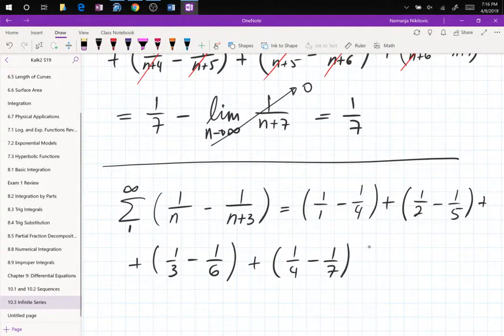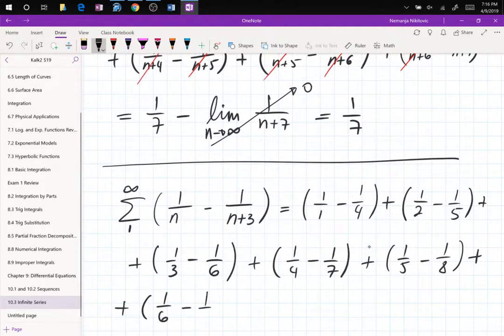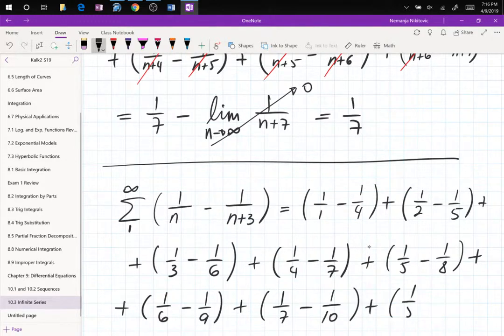The next term, plus 1 over 5 minus 1 over 8, plus 1 over 6 minus 1 over 9, plus 1 over 7 minus 1 over 10, plus 1 over 8 minus 1 over 11.